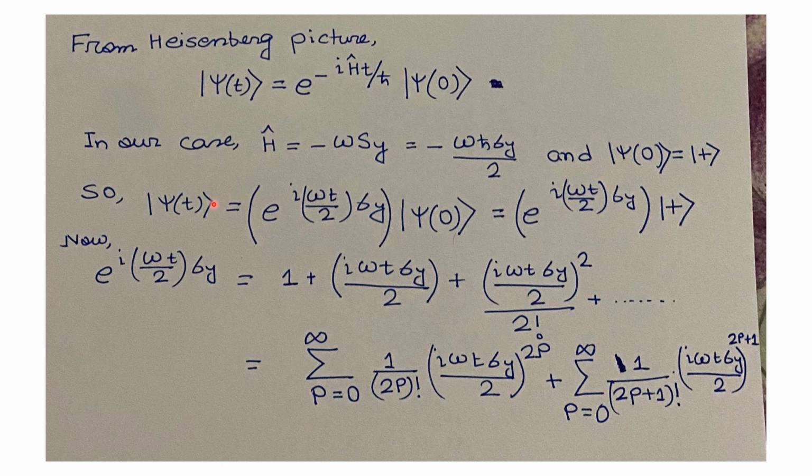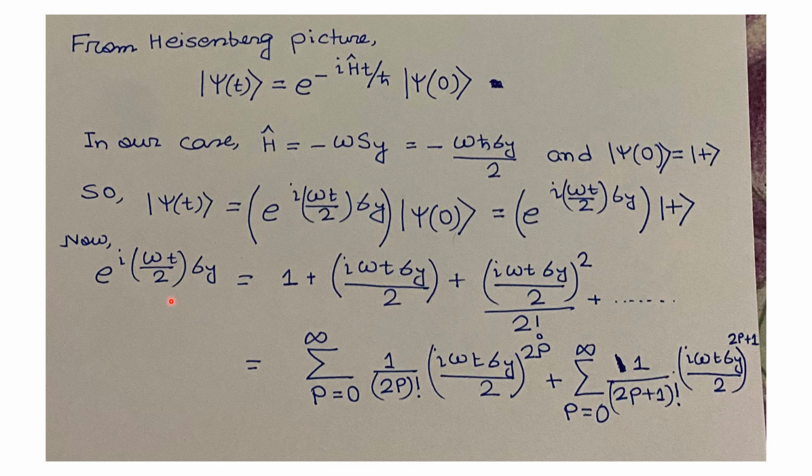So we can write our wave function at time t, psi as a function of t, equals e to the power I omega t by 2 times sigma y times the initial state psi at t equals 0, that is the plus state. So we can write it as e to the power I omega t by 2 times sigma y times the plus state.